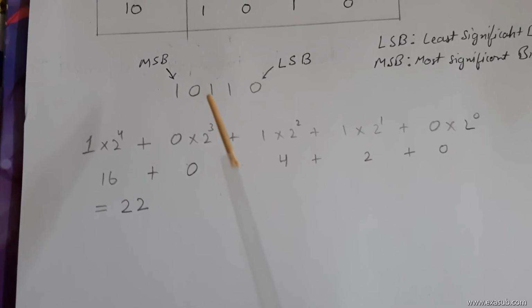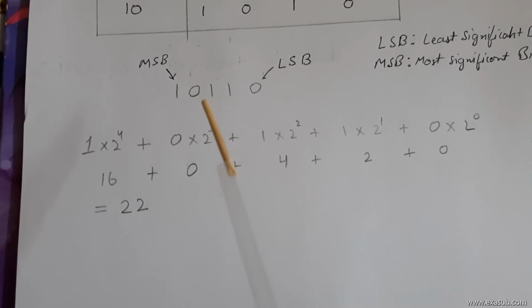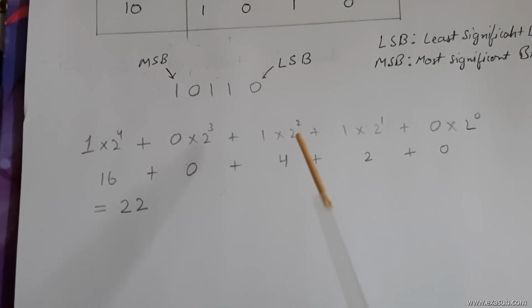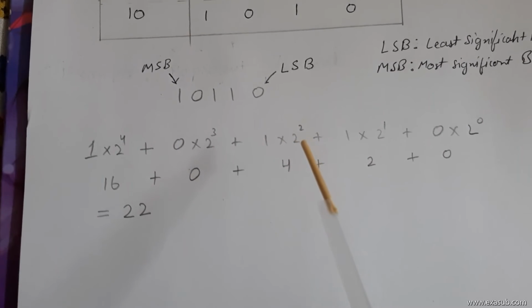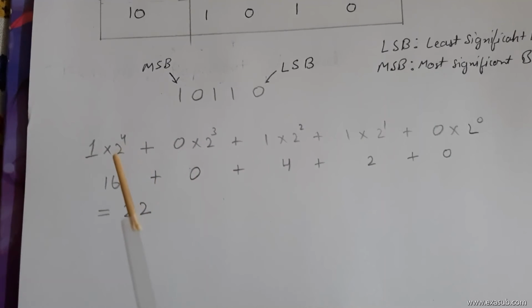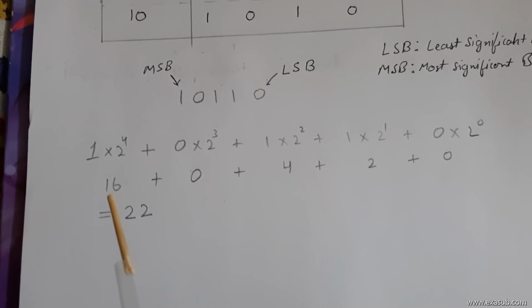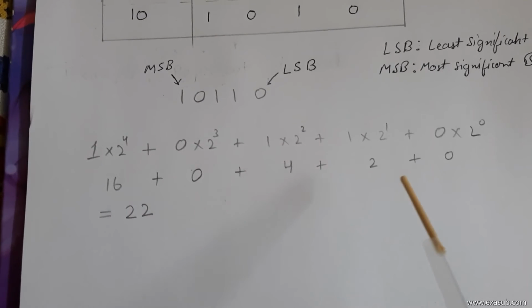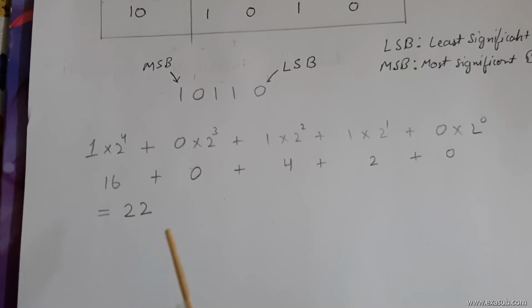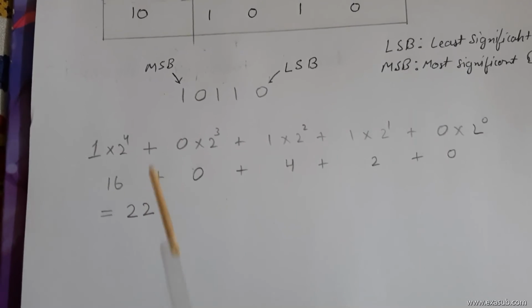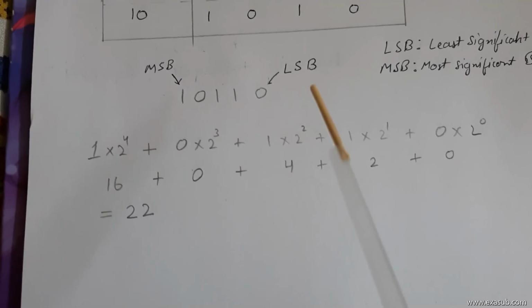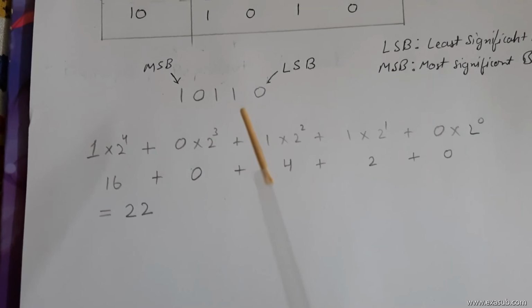The next bit is 1 and its positional value is 2, so the weight will become 4, and this goes on. If we add all these numbers, we get 22. So 22 in decimal can be written in binary by this code.